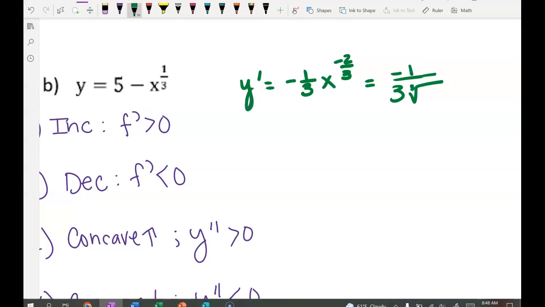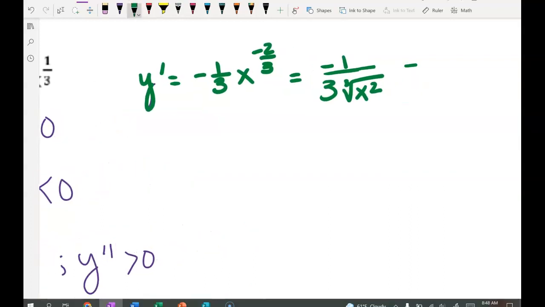Okay, so the critical points, guys, are when the derivative is 0 or when it is not defined. So right now I'm going to set it equal to 0. As you can see here, it is not possible to solve for x. There's no x value that will give y prime equals 0. So we can't really do that.